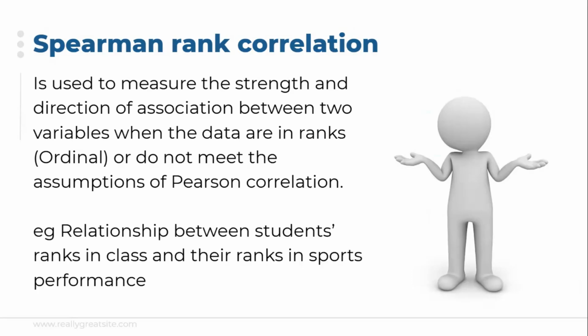Or if you have data which does not meet the assumptions of the Pearson's correlation, we can go ahead and use Spearman's correlation. So in this case, we need to have ordinal variables and we can measure them using ranks. For instance, we can measure the relationship between the students' ranks in class and their ranks in sports performance. That is something that we can easily do with Spearman's rank correlation.